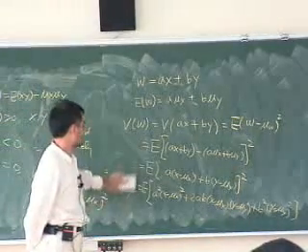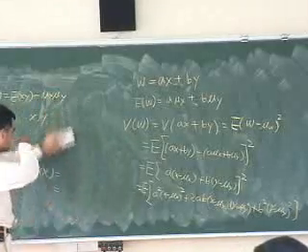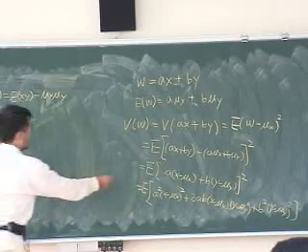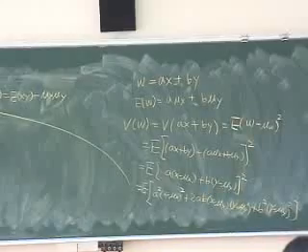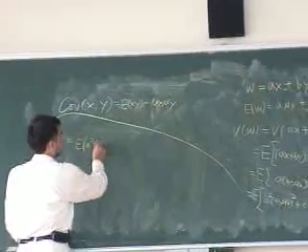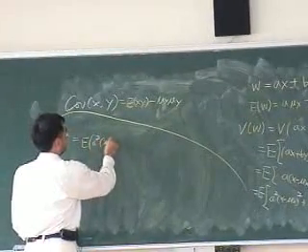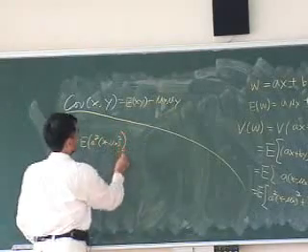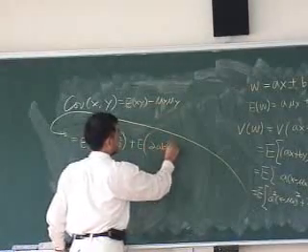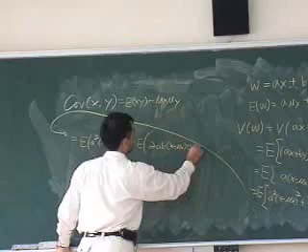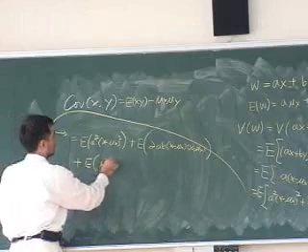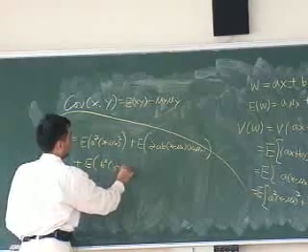Okay, so let's try one more. Let us move it here. So then we have expectation of A squared (X minus mu X) squared plus expectation of 2AB (X minus mu X)(Y minus mu Y), and then plus expectation of B squared (Y minus mu Y) squared.